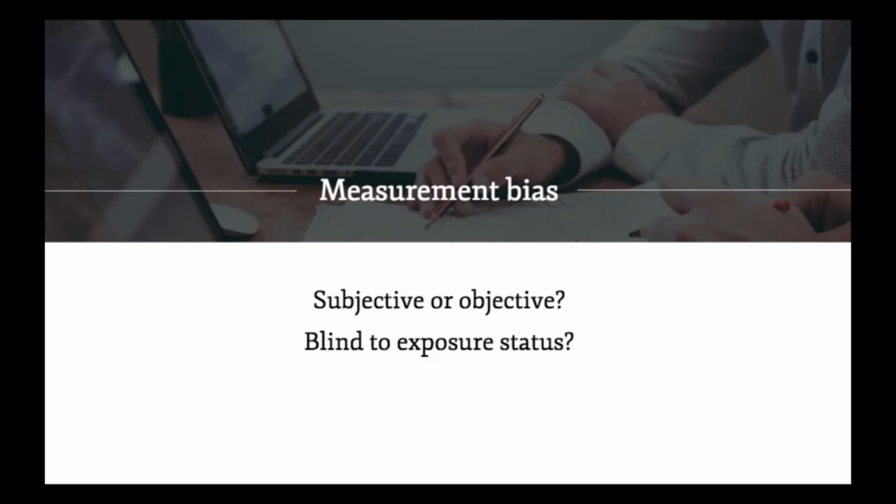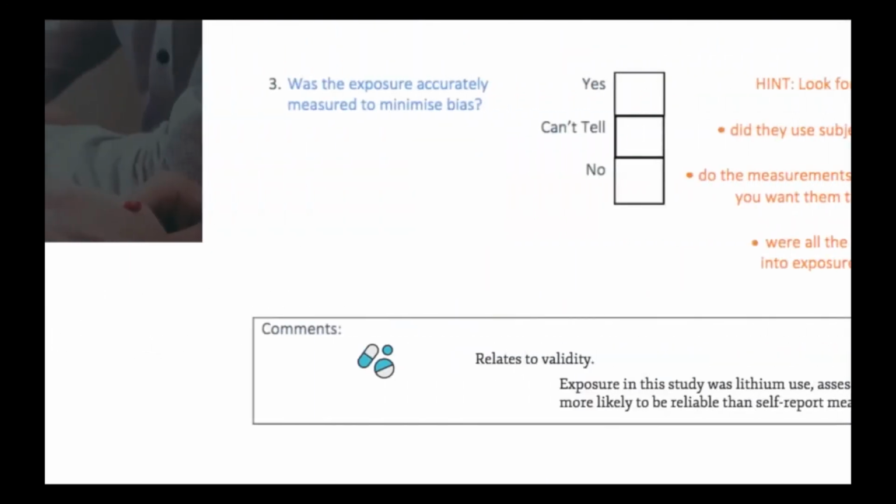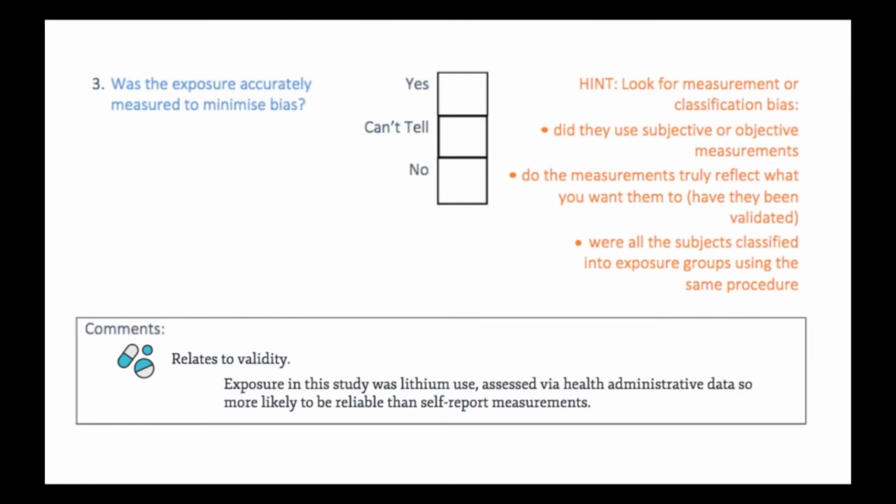It is important to consider factors such as whether or not exposures were assessed via self-report, as this may be affected by social desirability bias or the fallibility of memory. The exposure in this study was lithium use, and it was assessed via health administrative data, so it is more likely that the measurement of the exposure and outcome are more reliable than self-report measurements.